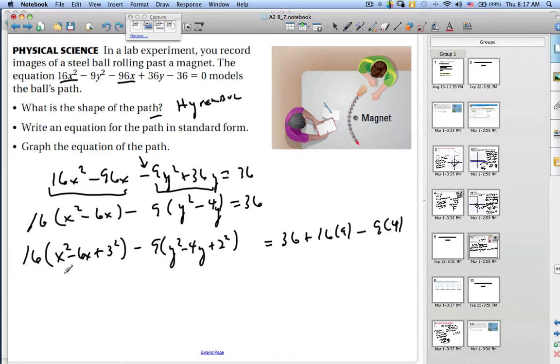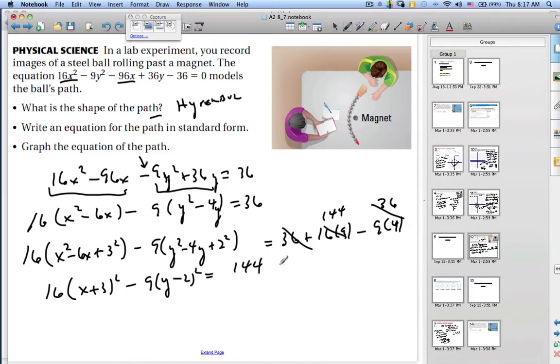Okay, so when I work with this, I'll have 16 times x plus 3 squared minus 9 times y minus 2 squared equals 16 times 9 is 144, plus 36, and 9 times 4 is 36. So the 36 and the 36 are going to cancel each other out.